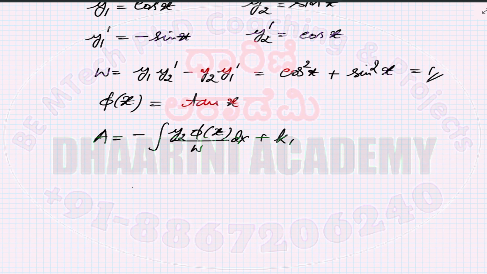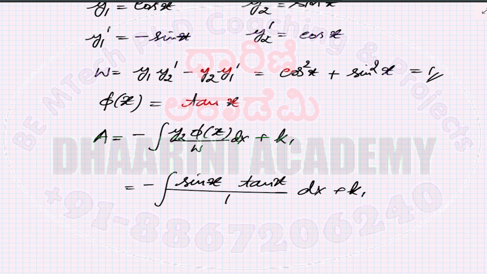So this is equal to minus integral, y2 is sin x, sin x into tan x whole divided by 1 times dx plus a constant value k1.